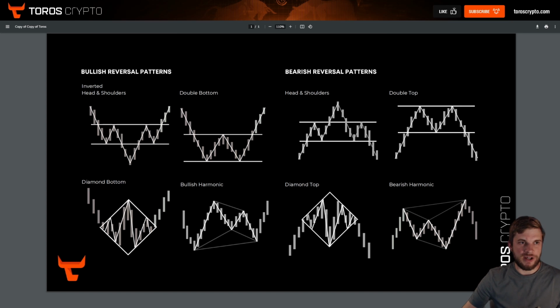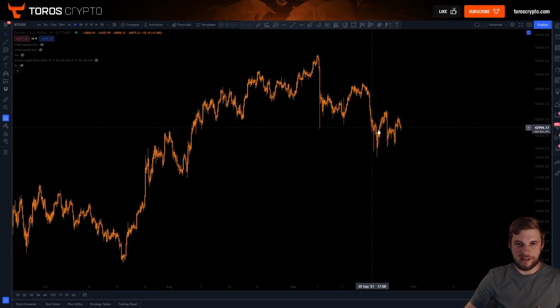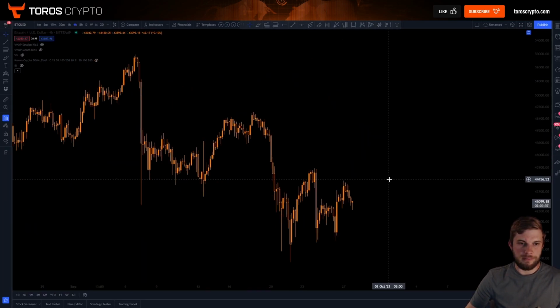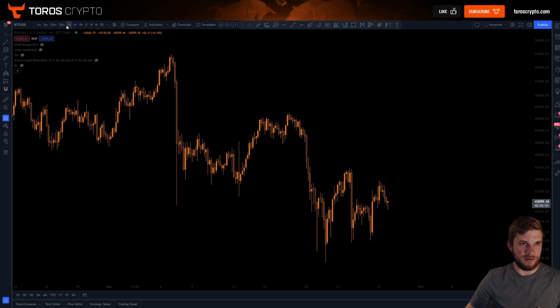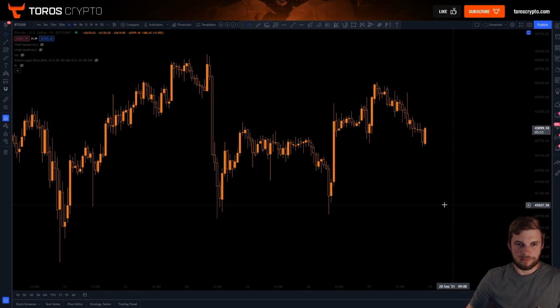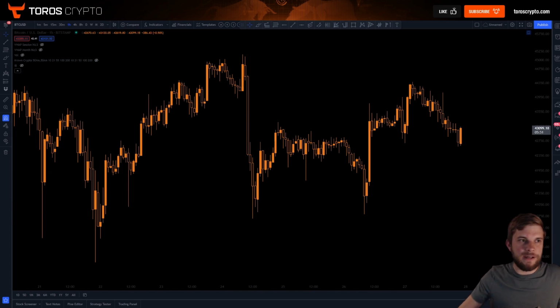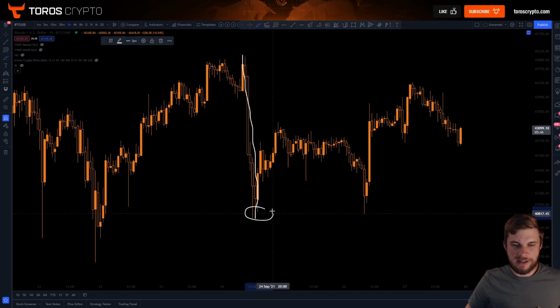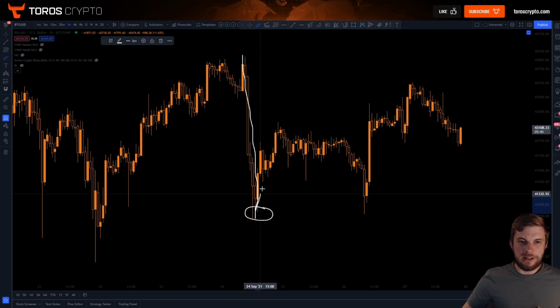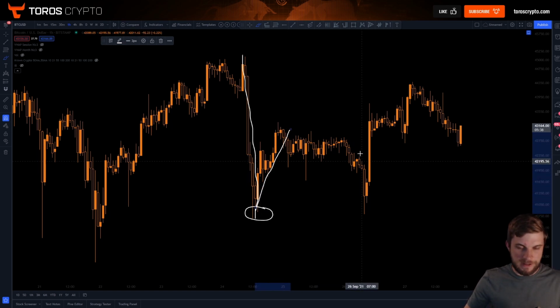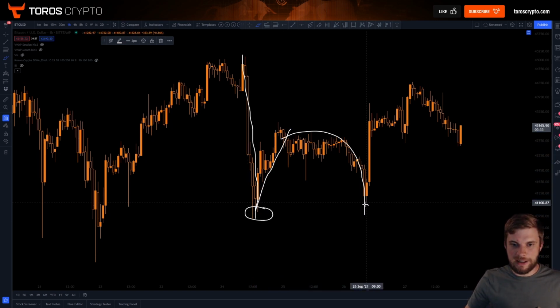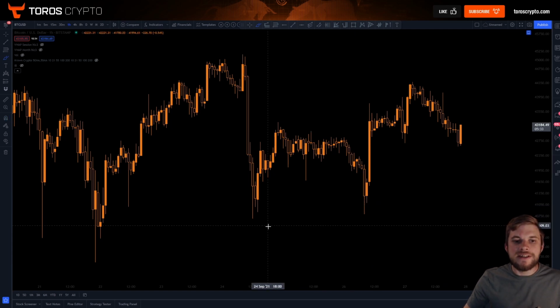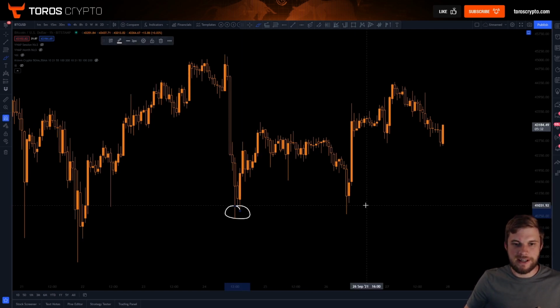So let's go back to the chart here and see if we can find anything that looks a little bit like that. Here's a nice example, okay? So what do we see on Bitcoin? We have a big move down, okay? It comes into this area around $40,850, gets this bounce up into this zone, then comes back into almost exactly the same area of the chart as it tested before.